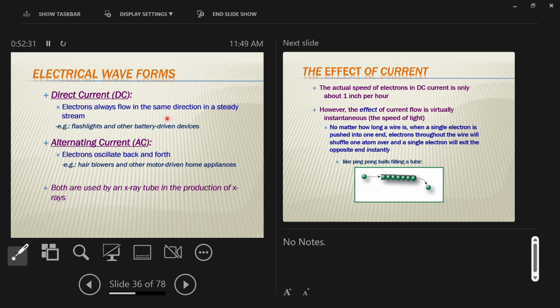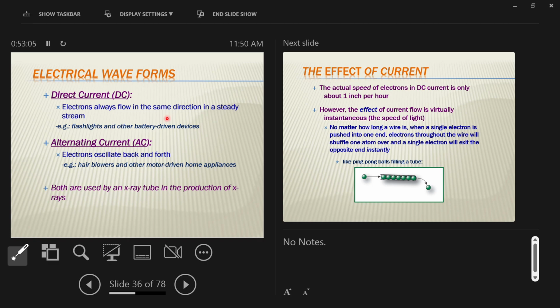For direct current to work, the electrons flow out of the negative end through the circuit, through the flashlight's bulb, and continue to flow until they get to the positive end. They are flowing from one end through the circuit to the other end. With direct current, they never go the opposite way. That's one way, just one way.